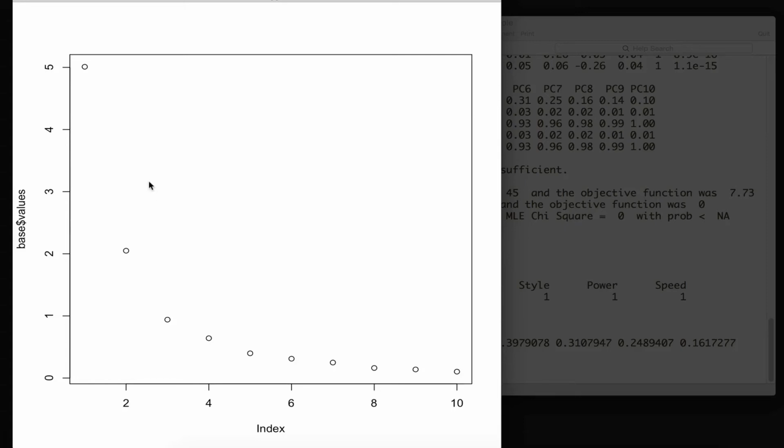The usual practice here is to say if you do a line against this graph, where it would get to right angles, you keep everything that's to the left of that. So the eigenvalues go down a lot.